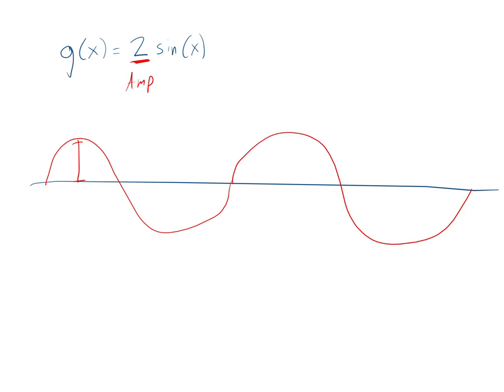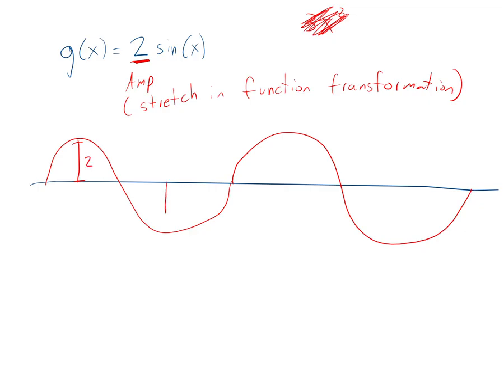Notice, this is like the stretch in function transformation, right? Remember when we took something like x squared, and we put a 3 there, we increased its value. Because of periodicity, because it repeats, this is going to give us an amplitude of 2. And it turns out it's the exact same for cosine. And I'll do a Desmos demonstration to help us.